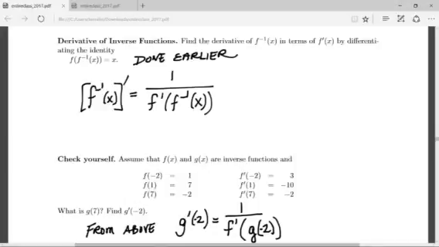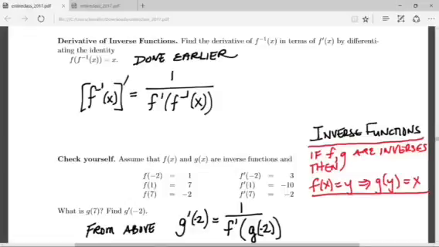So digging back into our memories, what do we remember about inverse functions? If f and g are inverse functions, what that means is f of x equals y implies that g of y equals x, and I should say vice versa. So we should put that in there.